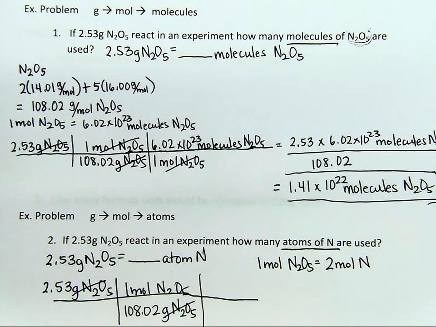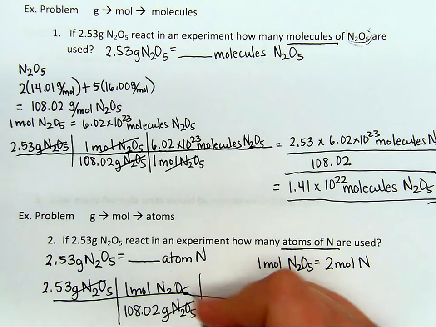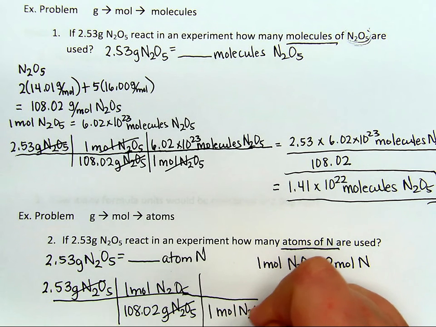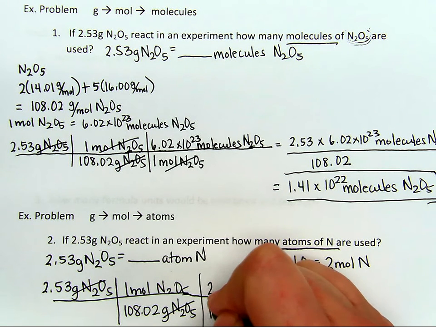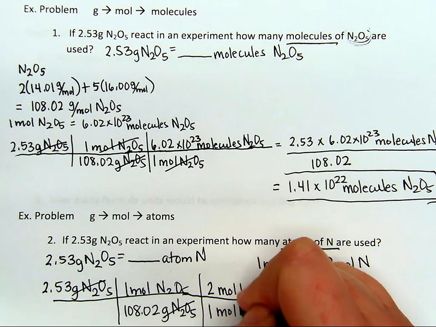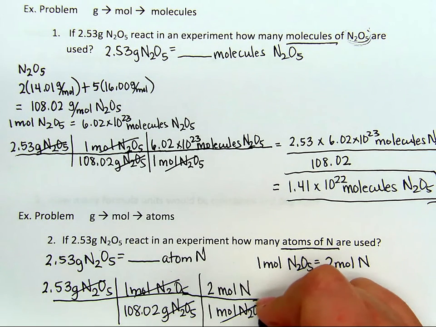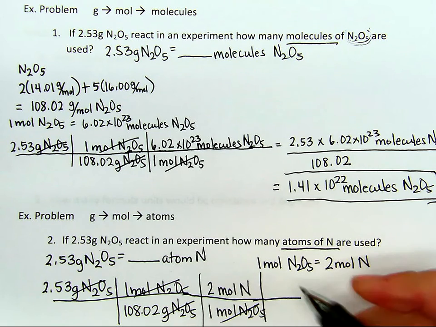I'm going to use that relationship. So here I'm going to say 1 mole of N2O5 gives me 2 moles of just nitrogen. Now, my moles of N2O5 cancels, and now I'm in moles of just N. So we're going to continue.